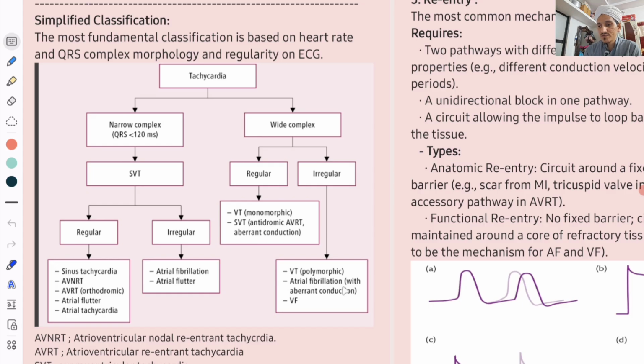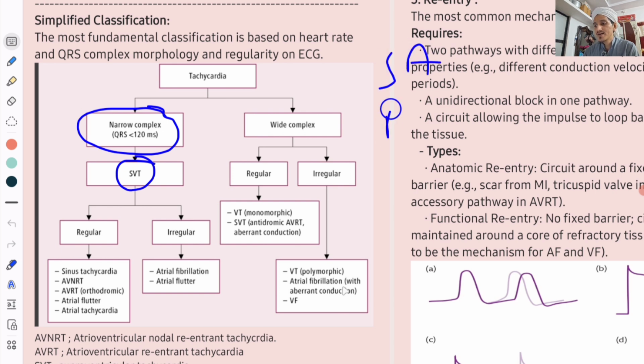If it is narrow, then it is supraventricular tachycardia. What is SVT? SVT is any tachyarrhythmia which is originating above the bundle of His, including the SA node, both atria, and the AV node, the atrioventricular node.